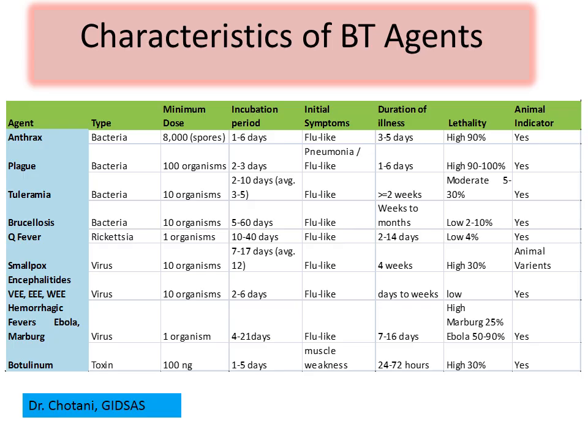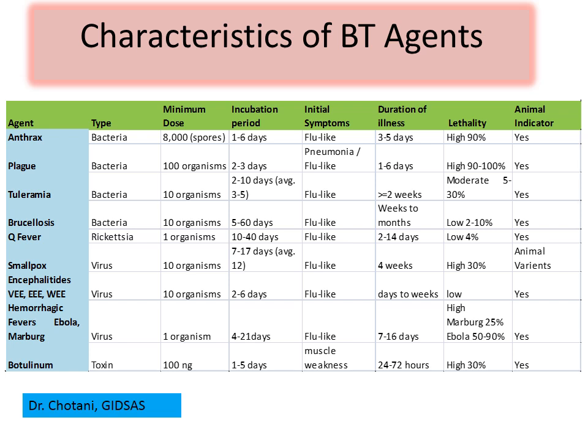So let me summarize whatever I've discussed so far. These are some of the characteristics of typical bioterror agents, and you can see that we have an agent on the left like anthrax, plague, tularemia, brucella, Q fever, smallpox, and other viruses and botulinum toxin.